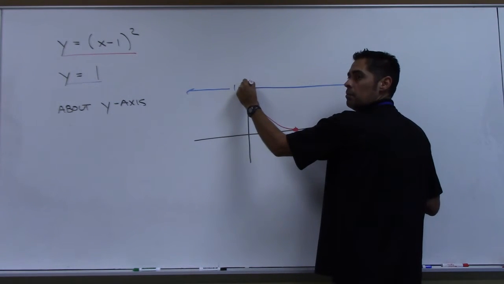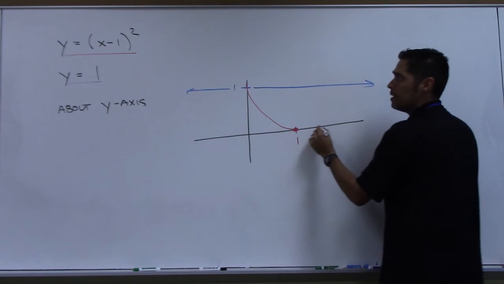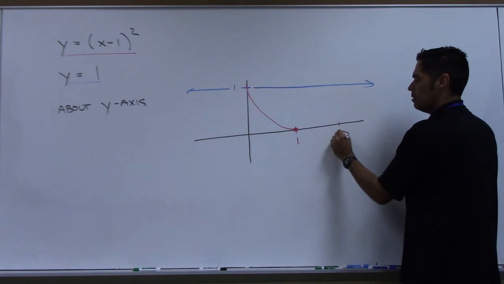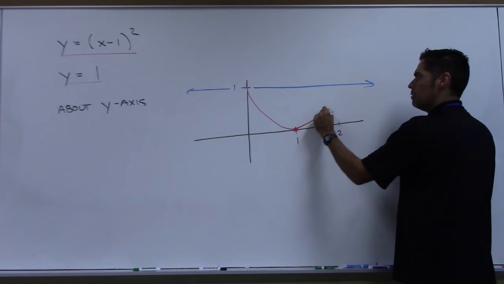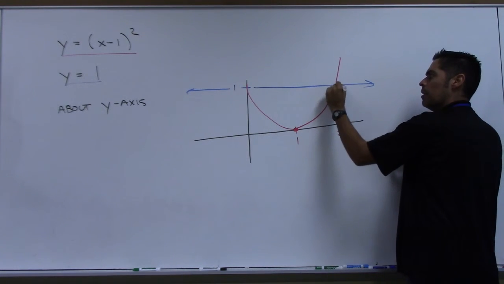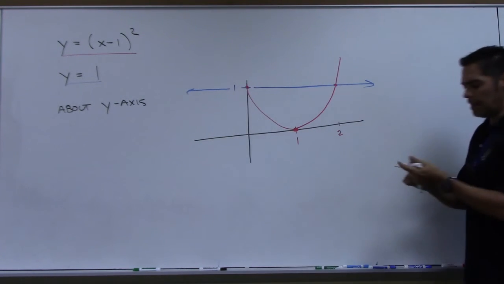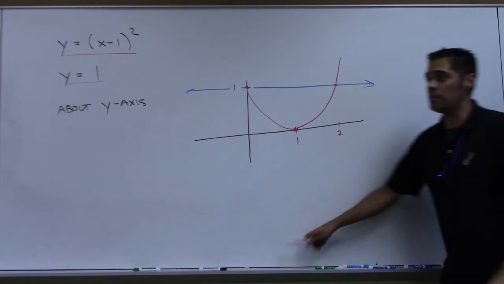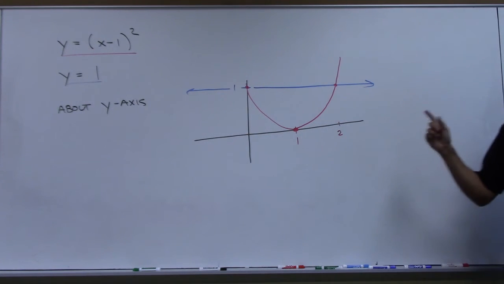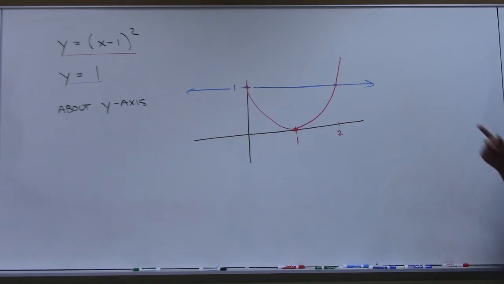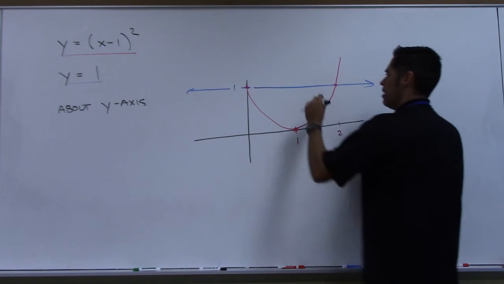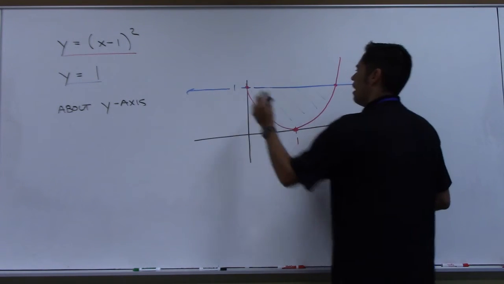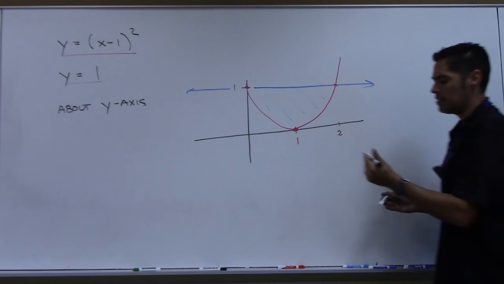One, right? What is the value of it at 2? One. Okay, that's what you would get. Again, I don't have time for that, but there's the graph, right? I want to rotate this region bounded by the two, which I hope you see is this, around where? The y-axis, which is this.